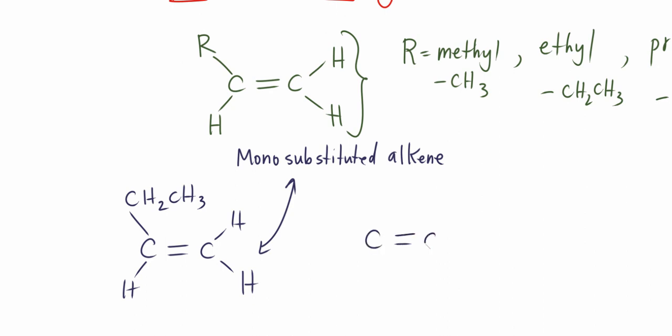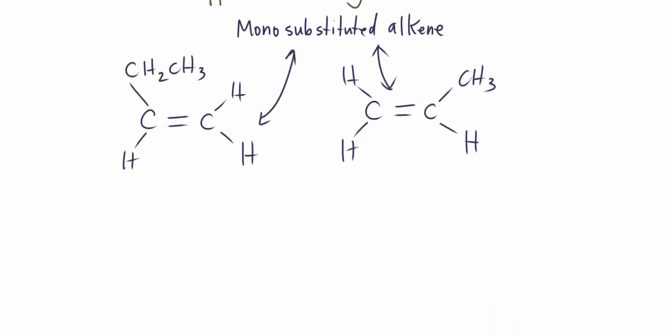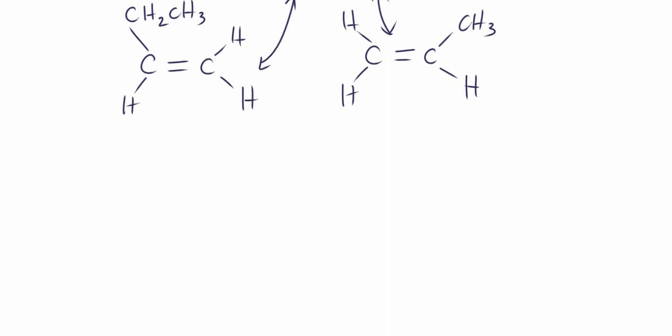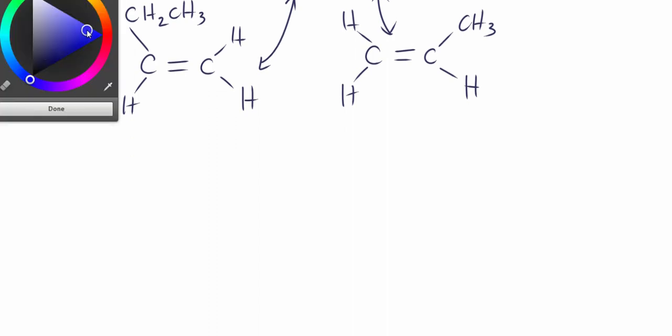If I did this, if I said this, CH3, H, that is also an example of a monosubstituted alkene. So simply replacing one H on the ethene with an alkyl group gives me a monosubstituted alkene.